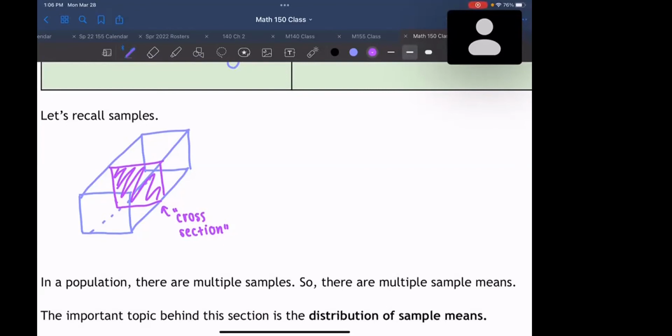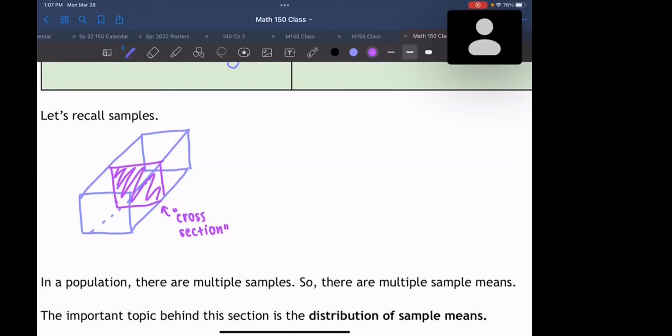Okay. Now, I like this idea of the prism because the cross section was a good representation of any sample that can come out of this population. Any cross section that I took out of this prism would be a representative sample because all the samples would look alike, right? Now, did it matter that I took a sample from the middle?